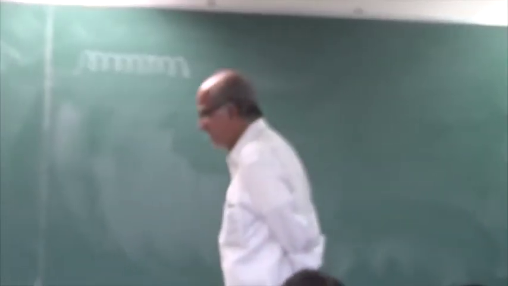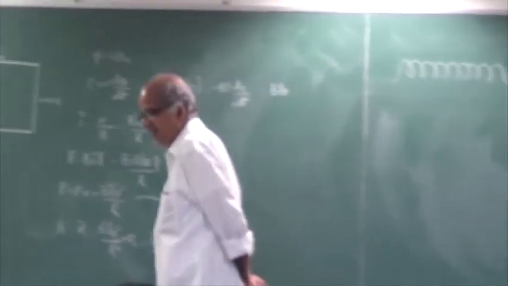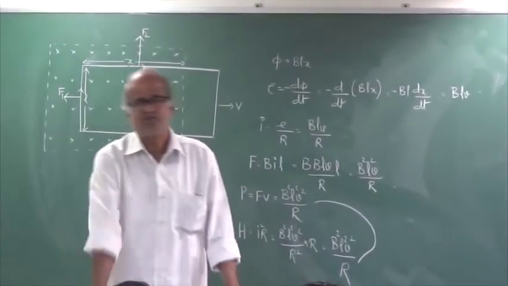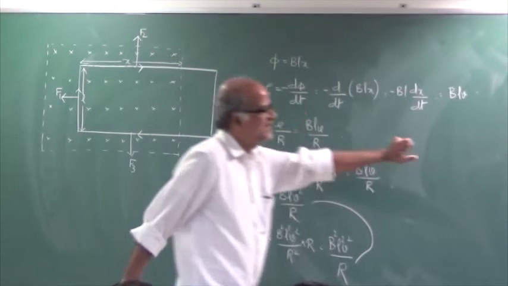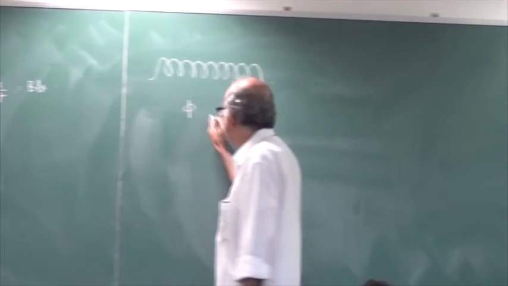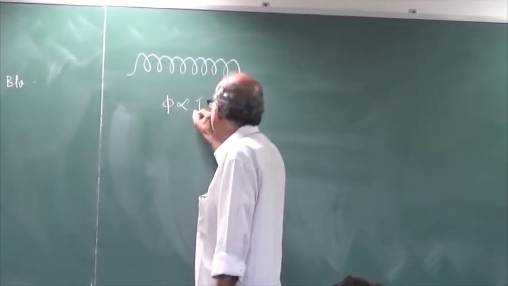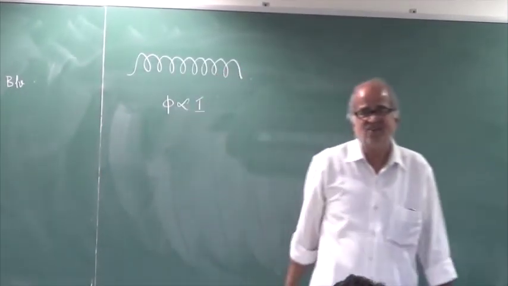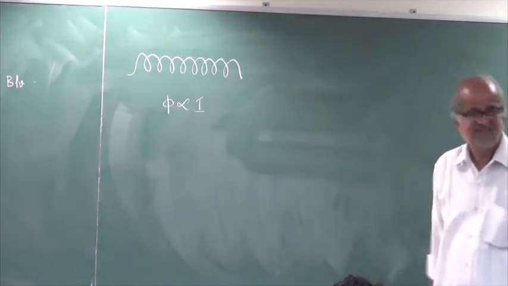We will be calculating the self-inductance of various types of coils later, but first we will consider this quantitatively. You know, the flux linked with a coil is directly proportional to the current flowing through it. Will you agree?